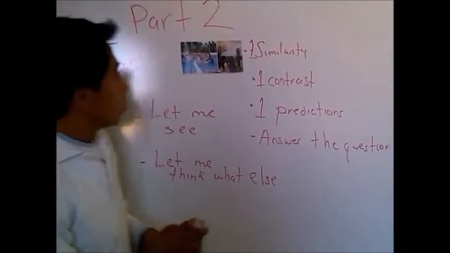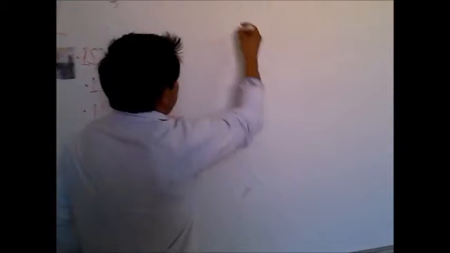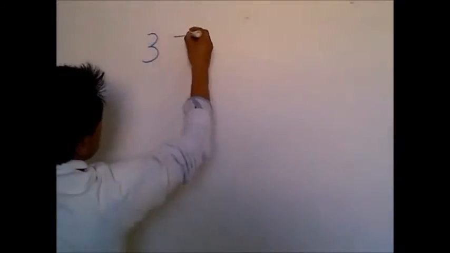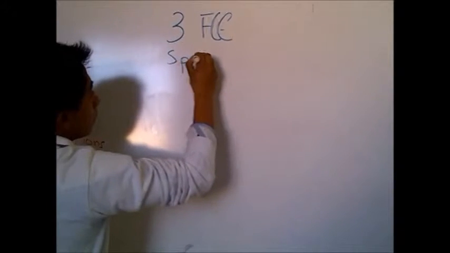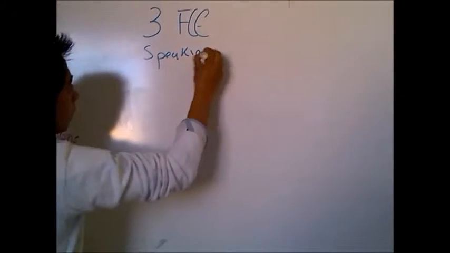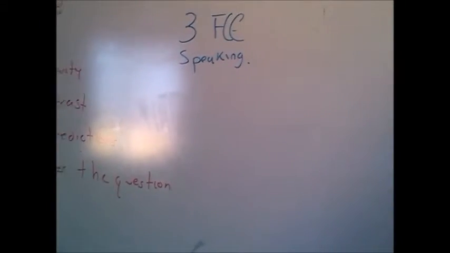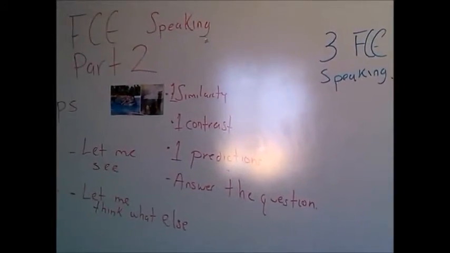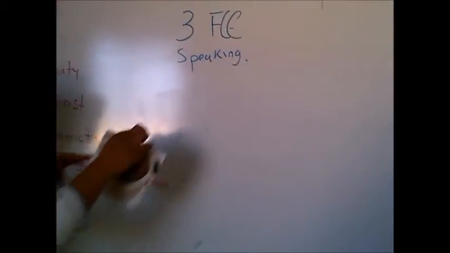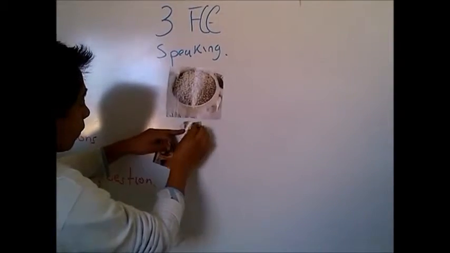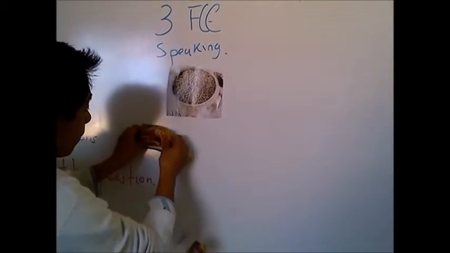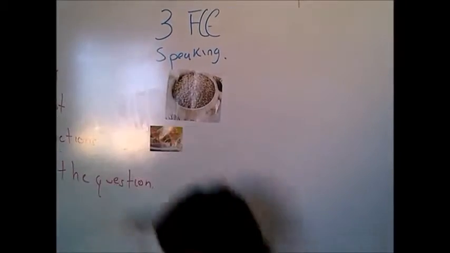Now, we are going to talk about the third part of the speaking. Well, in this part of the exam, you are going to have a lot of images, like 6, 7, or 4.